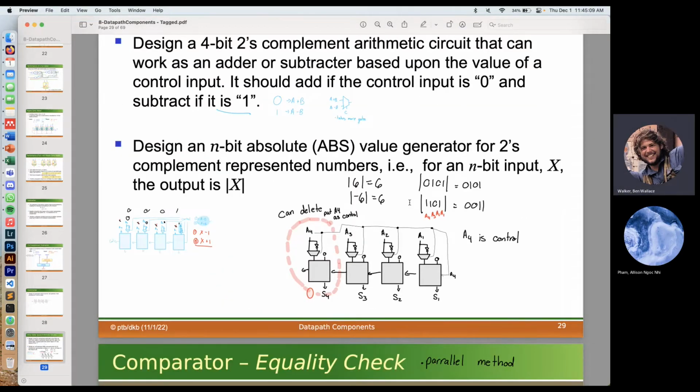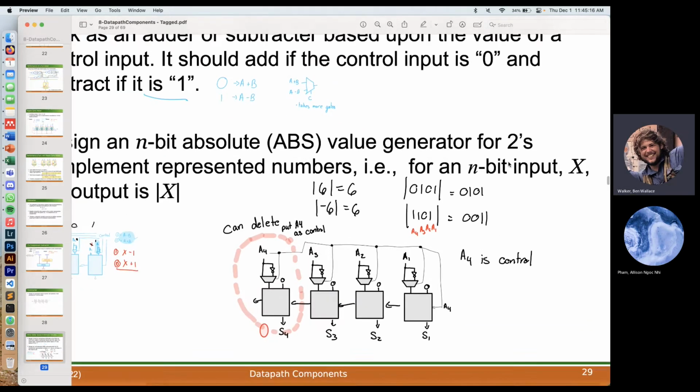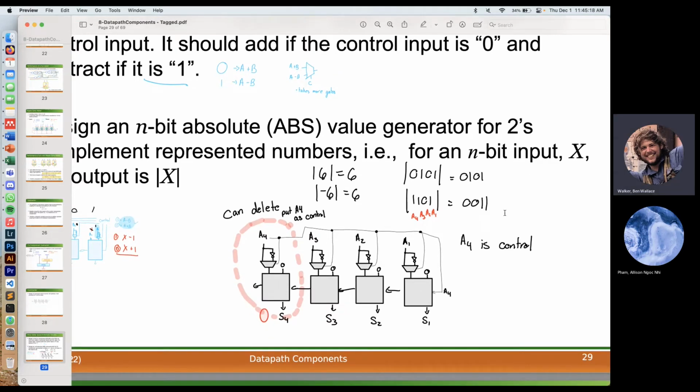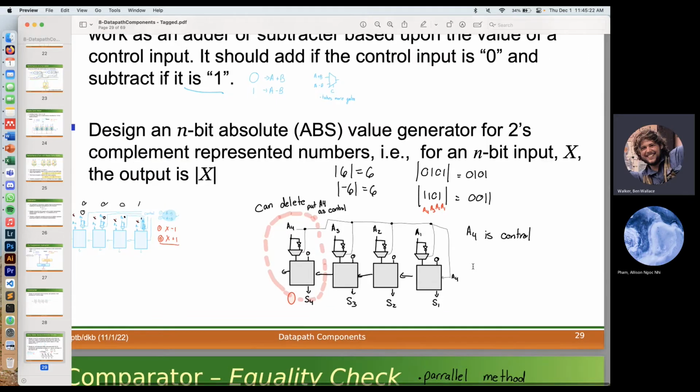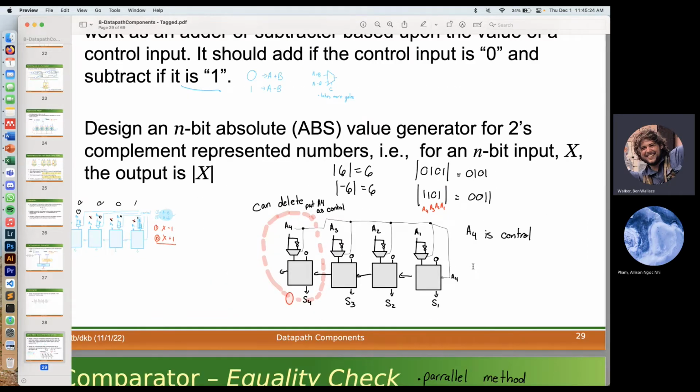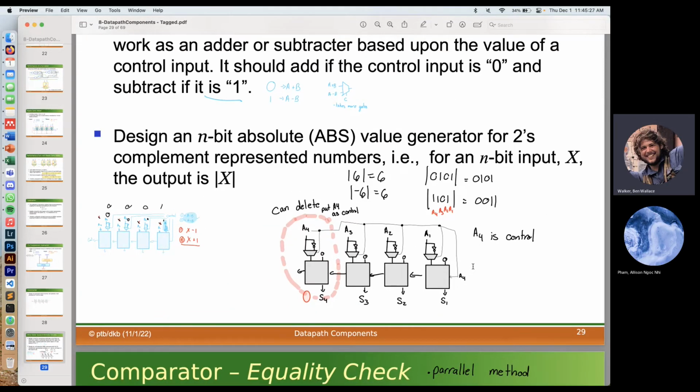And finally, if you wanted to detect the absolute value for a 2's complement number, it's not totally straightforward, but we can do that with adders. So to calculate the absolute value of a number, all we have to do is invert it if it's negative.